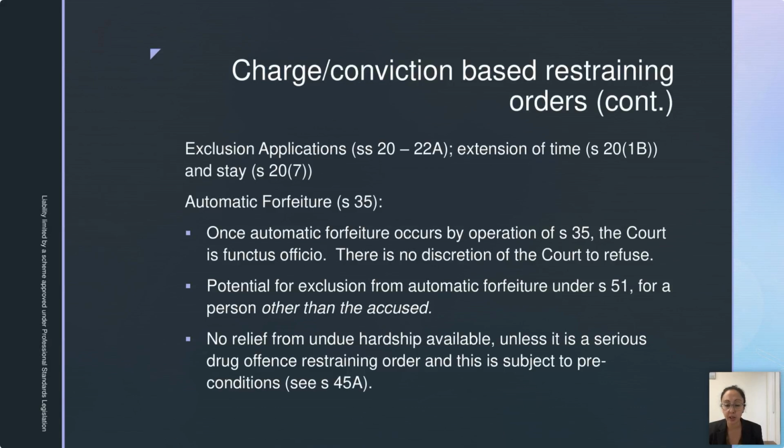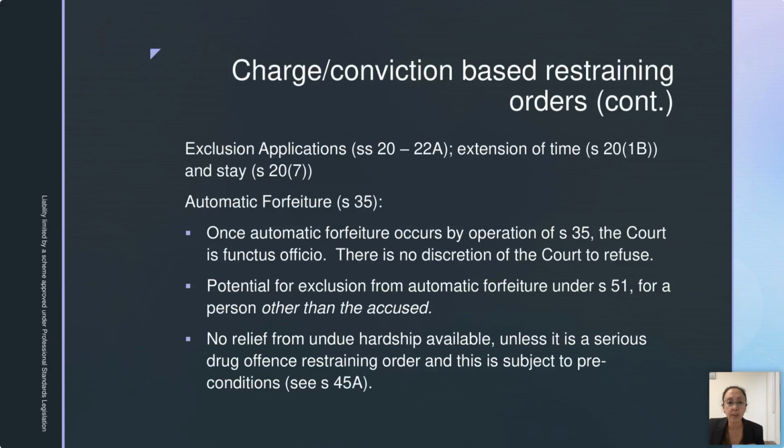Whether or not they were given notice of this restraining order, whether it was an inter partes on notice hearing of the restraining order, what date they were served, etc. There may be extension of time of an exclusion application, provided that automatic forfeiture has not occurred, and subject to obviously other conditions. The extension of time test is whether or not it's within the interests of justice.